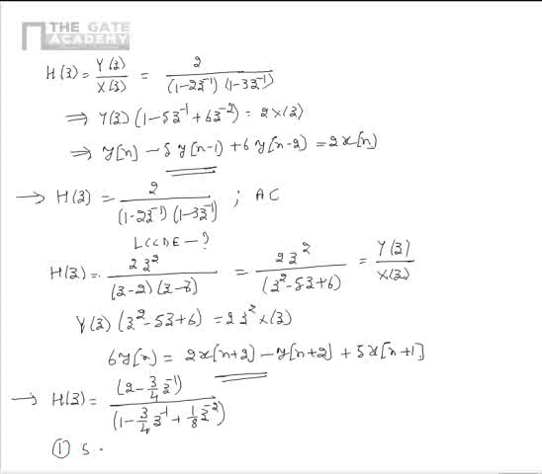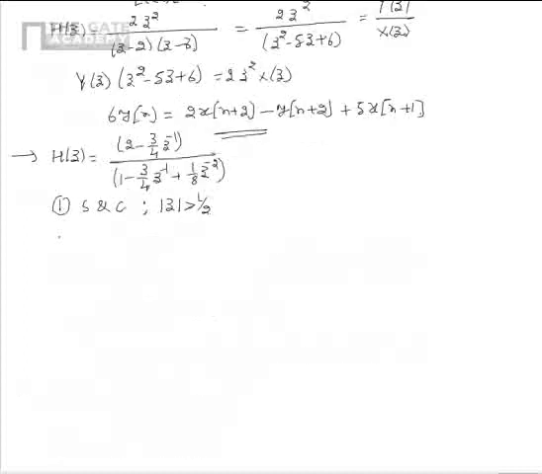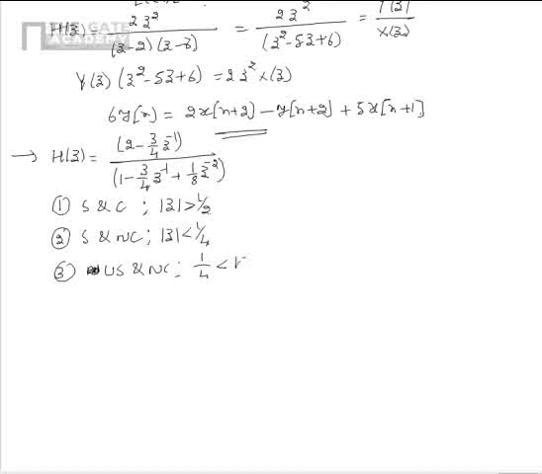One is the system is stable and causal for the ROC mod z greater than half. The second one is the system is stable and non-causal for the ROC mod z less than 1 by 4. And the third statement is the system is neither stable or unstable and non-causal for the ROC 1 by 4 less than mod z less than 1 by 2. We need to find out which of these statements are correct.